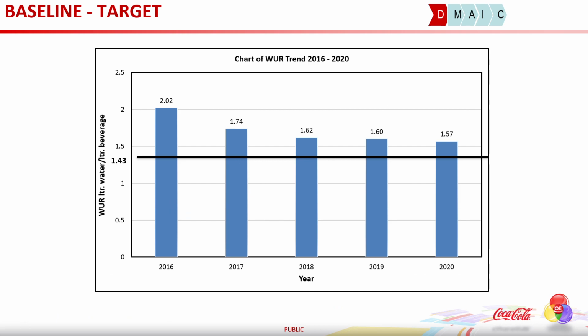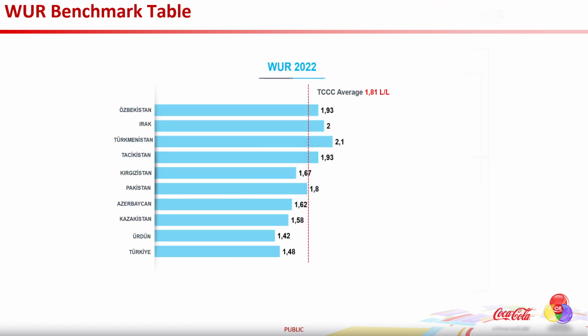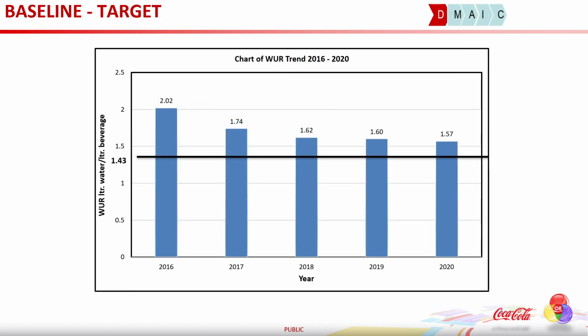So let's discuss the last topic here, which is related to define again. We have to define the baseline target for our project. So you can see this is a simple graph in which the yearly trend is defined. From 2016 to 2020 the water usage ratio, that is the liters of water consumed per liter of beverage, is decreasing with time.